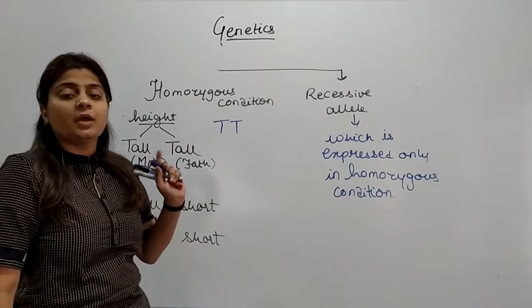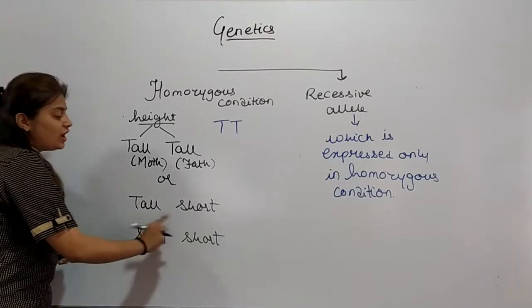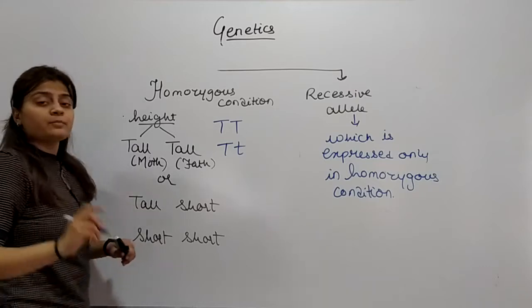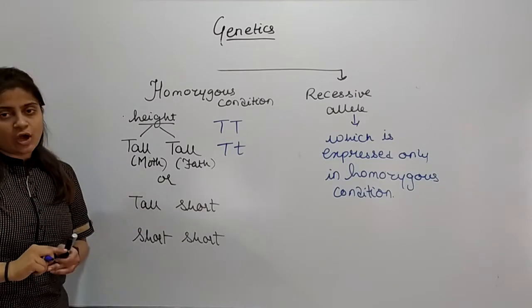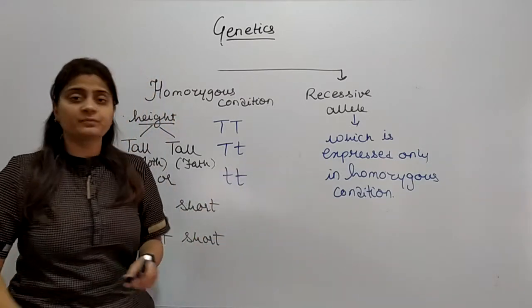You understood the meaning of dominant and recessive, right? Coming to tall and short, it can be capital T and small t, because the recessive allele will always be represented by a small alphabet, and short is again recessive and recessive.